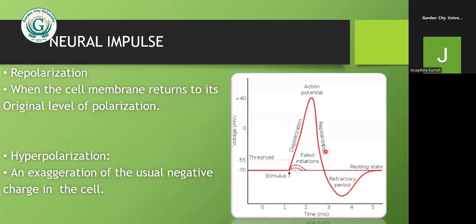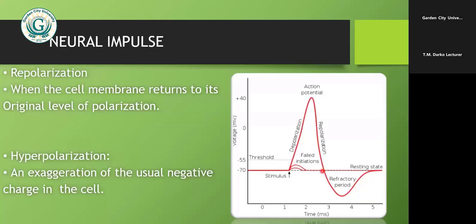So it has to return to its normal resting state. So this is the normal one. This is the linear line. Have you seen it? Good. At times we have instances where the repolarization will go beyond the negative 70.